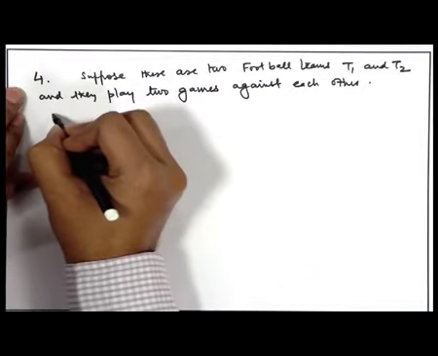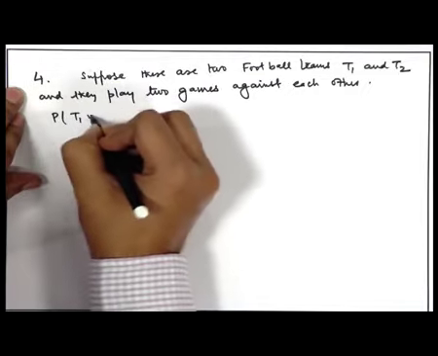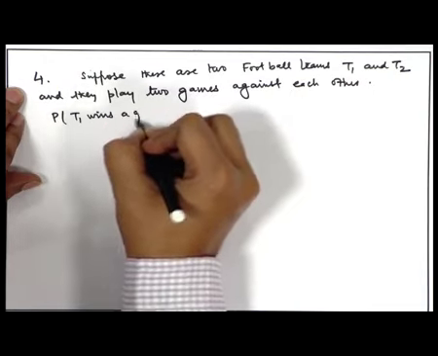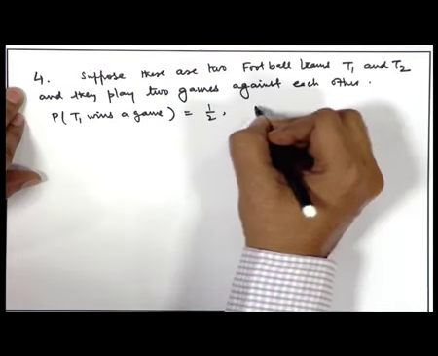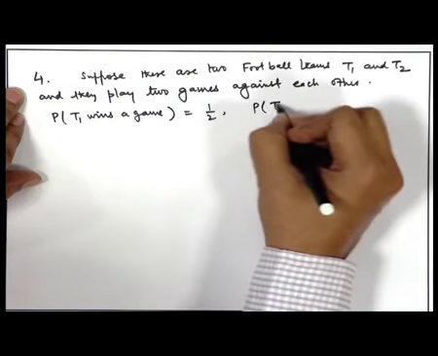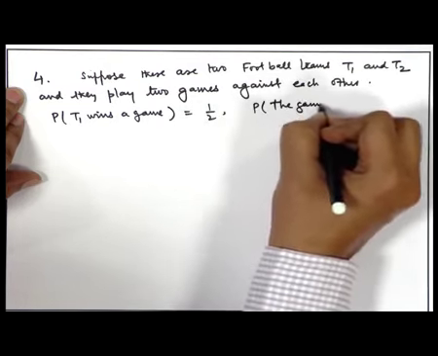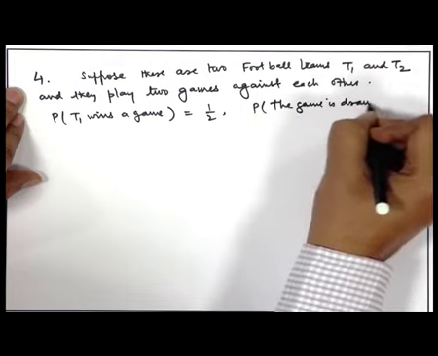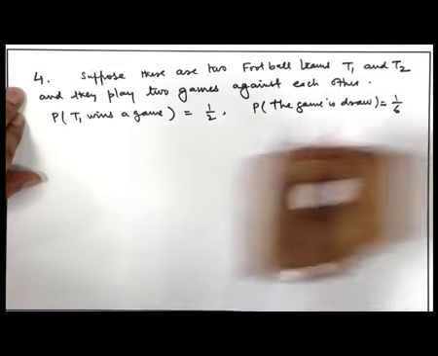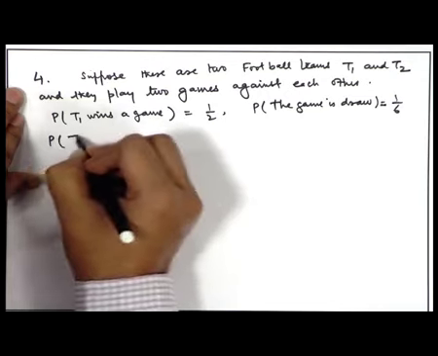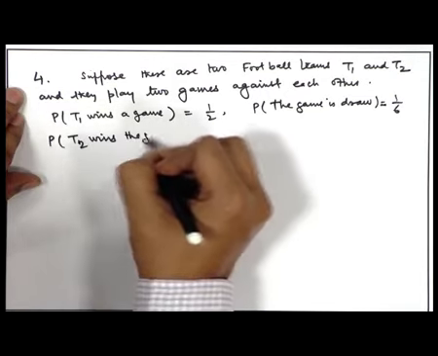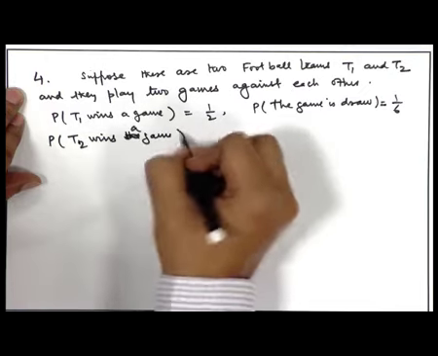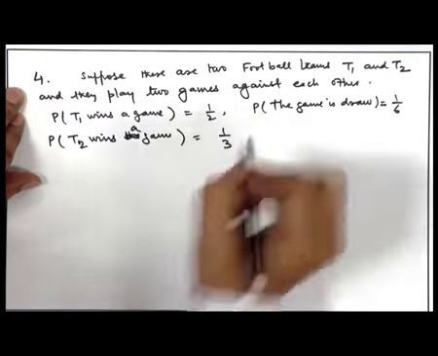Then the probability that T1 wins a game is 1 by 2. The probability the game is draw is 1 by 6 and the probability that T2 wins a game is say 1 by 3.